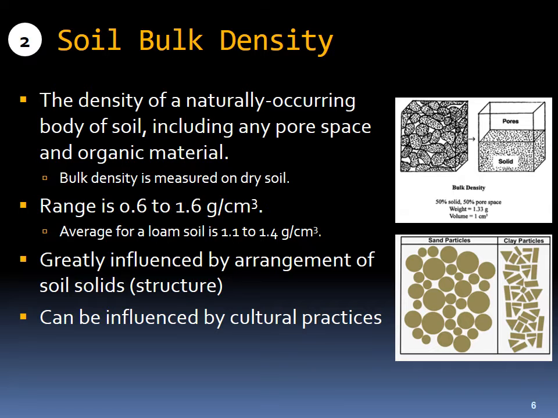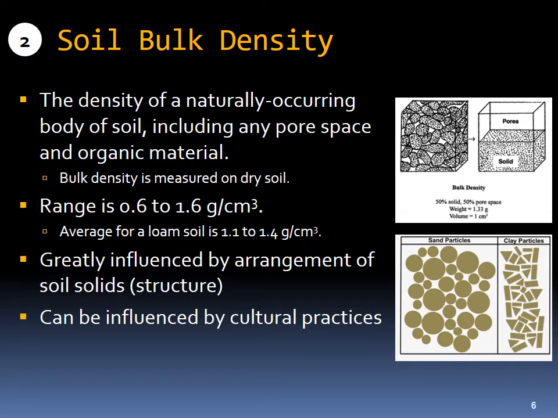Now, when you go to the clay, you find the particles are very small, and you have more spaces between them, and you have also less quartz in it. It's mostly other types of minerals. That's why it is lighter. That's why the bulk density of the sandy soil can be up to 1.5, whereas for clay it can be up to 1.2 something. So you see the differences between them now.